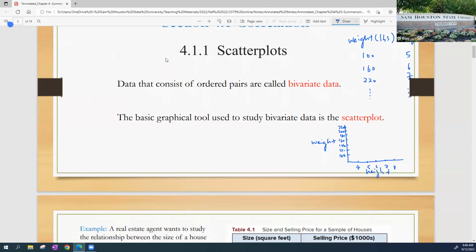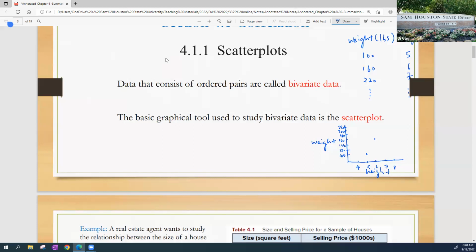Then we just put every pair there by x, y axis. So the first pair is 5 and 100, right? So put it here. And then 6 and 160 here, another dot.